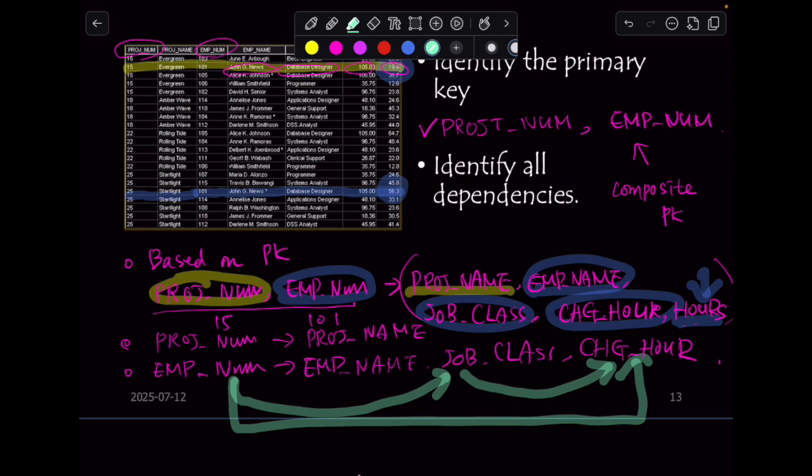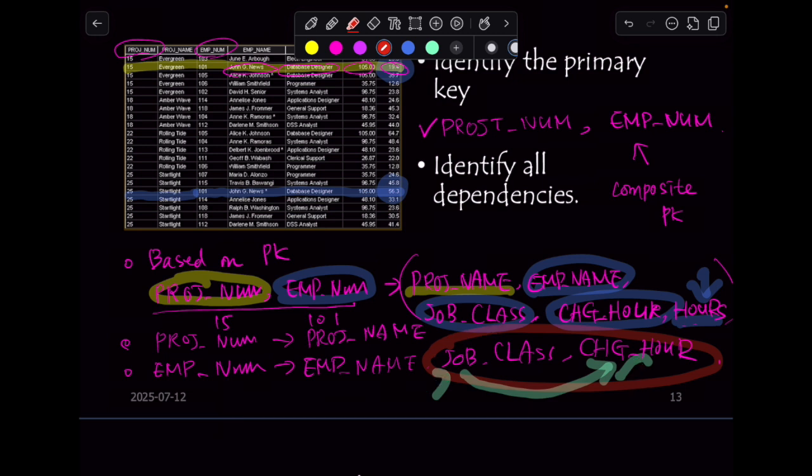Therefore, the connecting part is job class to charge hour. We name this a transitive dependency. In addition to these two dependencies, we have one more dependency here, and that is job class to charge hour. So this is the list of all the functional dependencies.